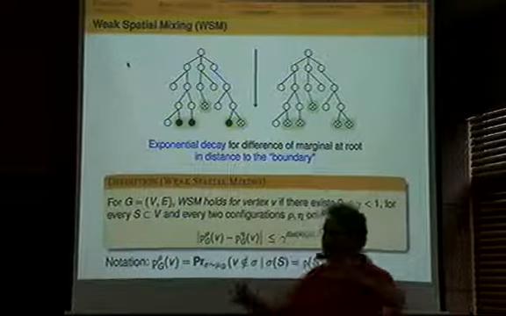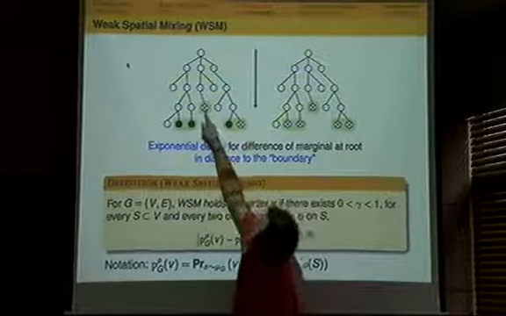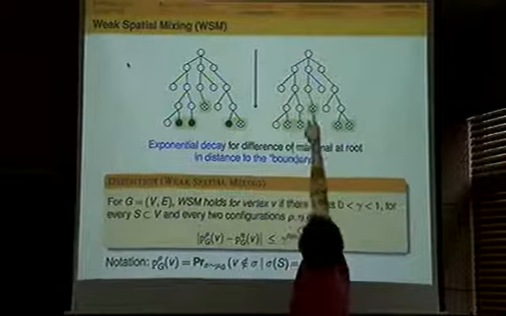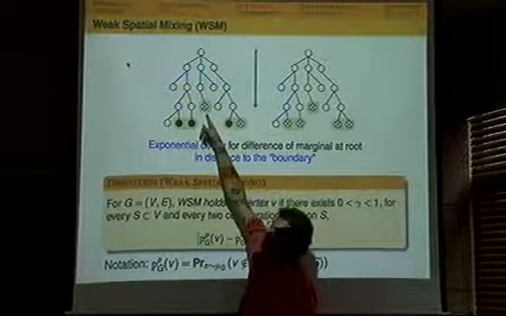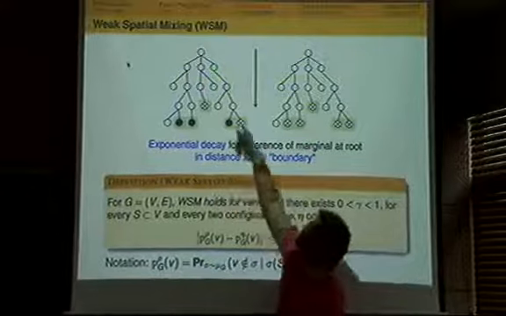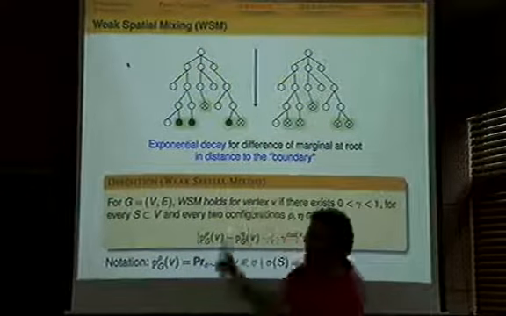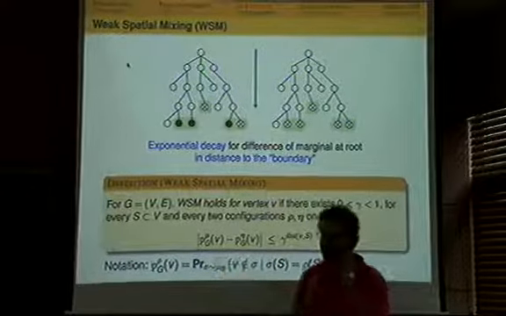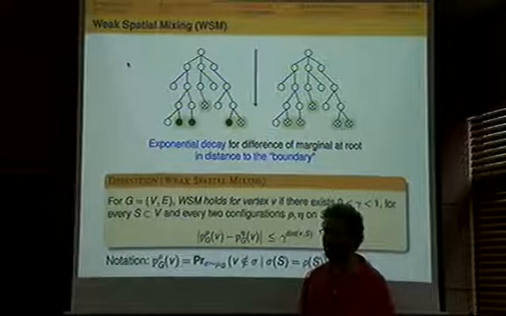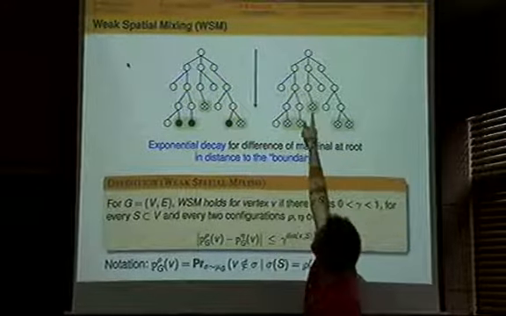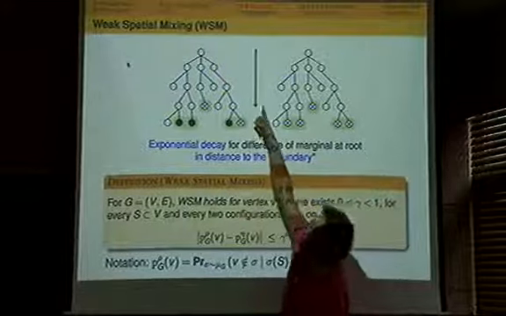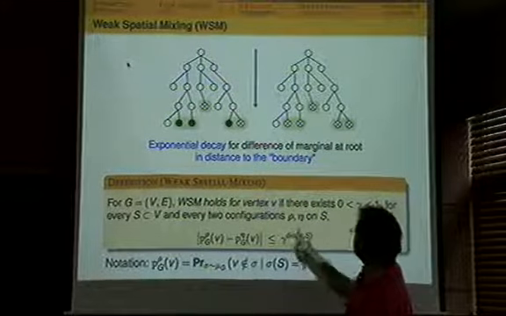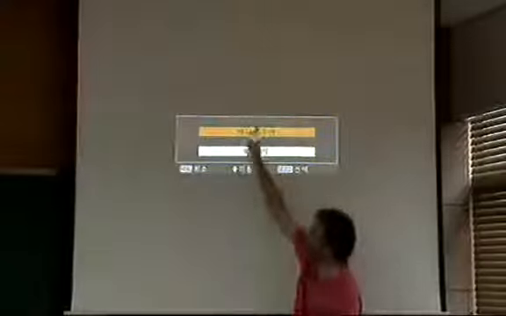So I have the 2 boundary conditions, like this thing. This one is fixed to be unoccupied in both. So you think that would encourage the root to be the same. I mean, that would reduce this difference, because I fixed it to be the same thing in both. But my exponential decays with the distance to the green.